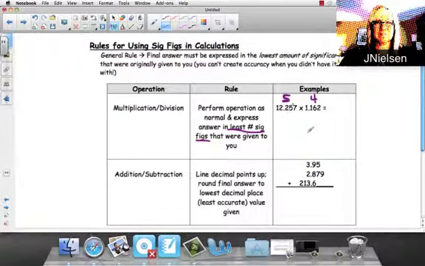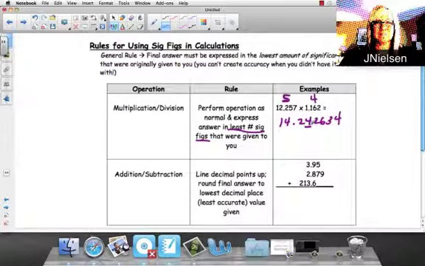So when we do the math, 12.257 times 1.162, we're going to get 14.242634. Now, we certainly don't want to write this for an answer, but 4 significant figures would be 1, 2, 3, 4. It would end right here with the 4.